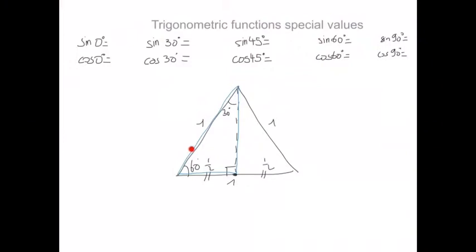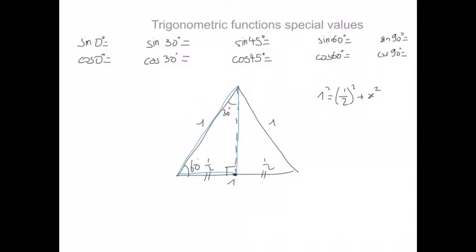We know that the hypotenuse is 1, that this side is half. Let's use Pythagoras theorem to work out the length of the third side. So we can write that 1 squared, the hypotenuse, is equal to half squared, the side at the bottom, plus x squared, x being the missing side here, the perpendicular height in the triangle.